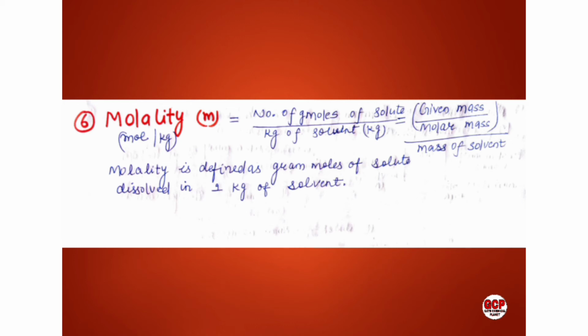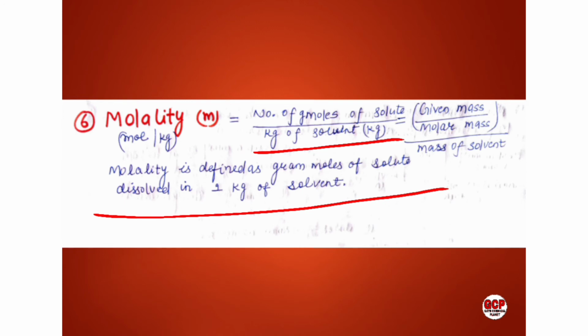In the case of molarity, we were considering the volume of solution in liters, and here we are taking kilograms of solvent. So molality equals the given mass divided by the molar mass. Molality is defined as gram moles of solute present in 1 kilogram of solvent.